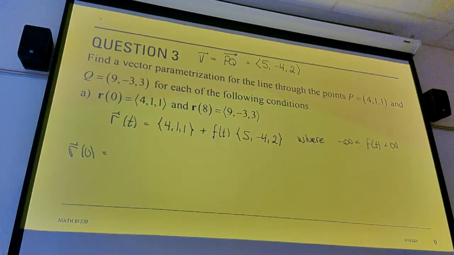Now use the given condition of R of 0. First, plug in R of 0 to what we just wrote down. What do you get?